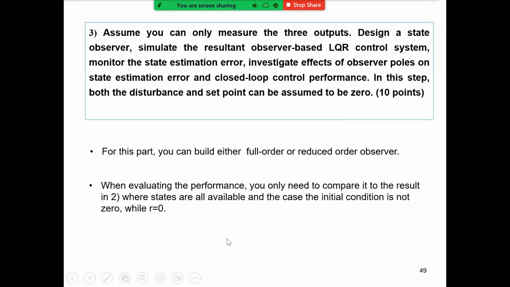Because if the initial condition is 0, and the initial condition of the observer is also 0, your observer will match the state variable at the beginning, so there is no point in getting the difference. That's why there is no need to evaluate the step response for this part. You only need to study the behavior with non-zero initial conditions.